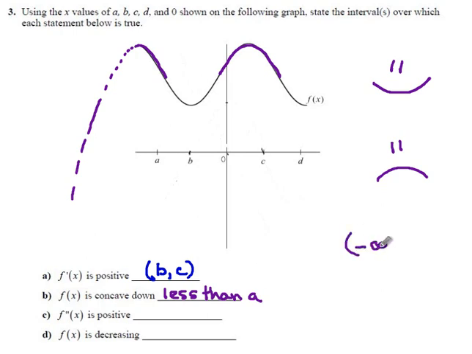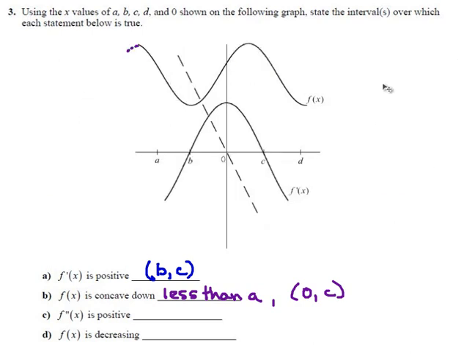I was not excited about writing minus infinity comma A because I don't really know what the behavior is over there. But to the left of A, it is clearly concave down, and then it's concave down from roughly 0 up to very roughly C. That's not a really good match, but I guess the inflection could be there. That's not totally unreasonable.